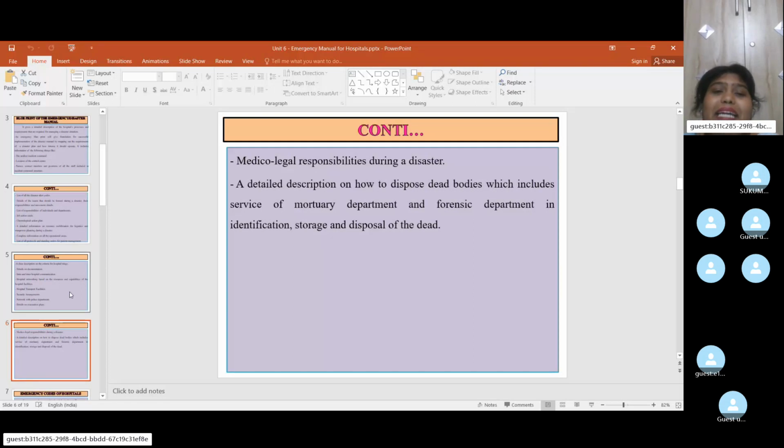And then a detailed description on how to dispose of dead bodies, which includes service of mortuary department and forensic department in identification, storage, and disposal of the dead.